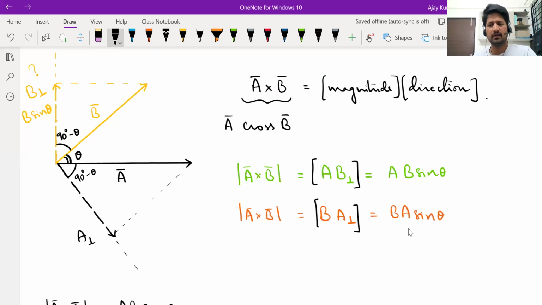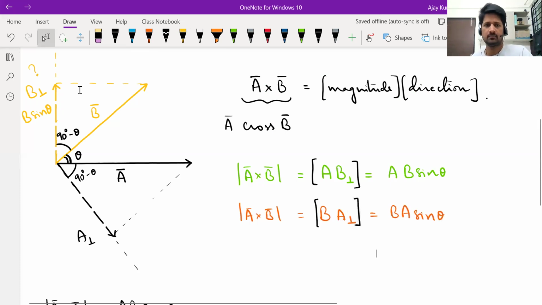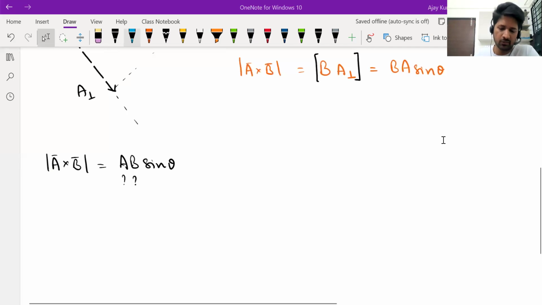What is the possible range of angle between two vectors generally? Angle between two vectors will only be between 0 and 180 degrees.